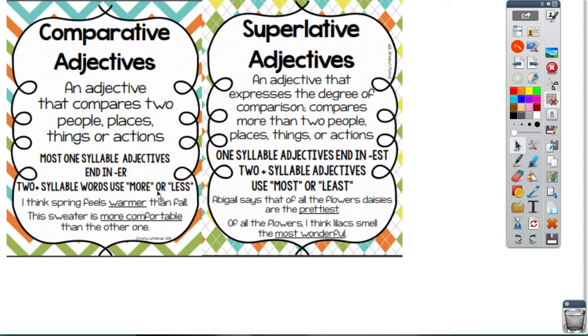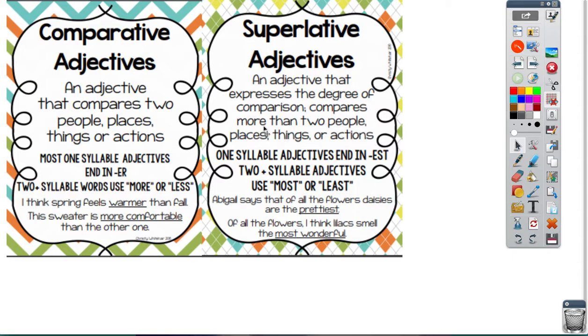Now, if you noticed in that video, some words ended in EST and not ER. Well, that is because they are superlative adjectives. And similar to the comparative adjectives, we are comparing things, but this time we're comparing more than two things, whether it be people, places, things, or adjectives.